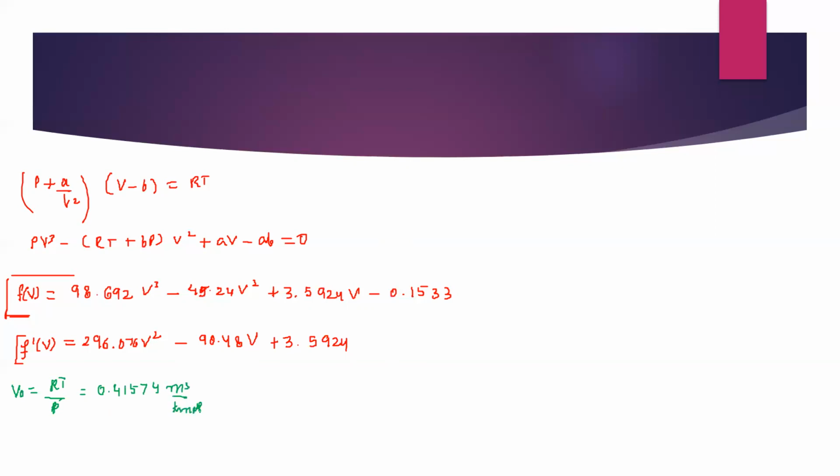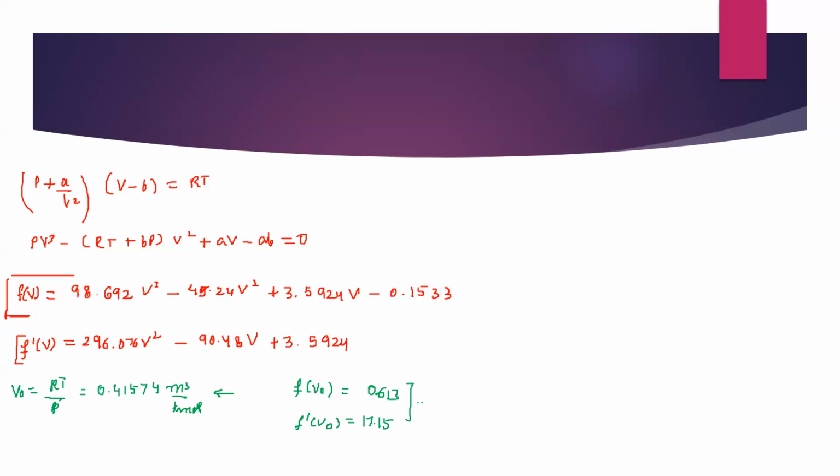So from V naught, you need to calculate f of V naught and f dash of V naught. So f of V naught is 0.613 and f dash of V naught is 17.15.